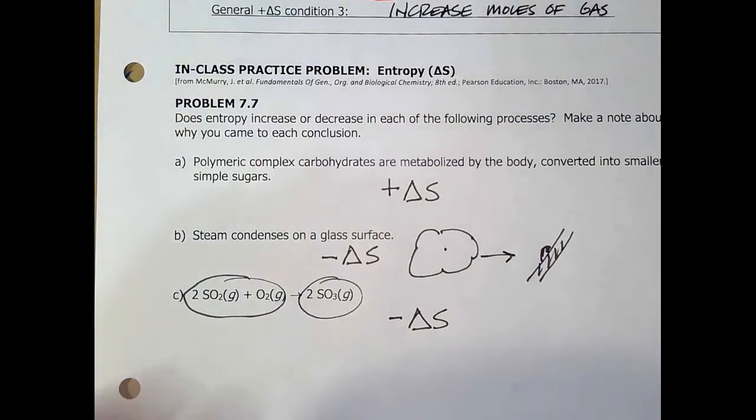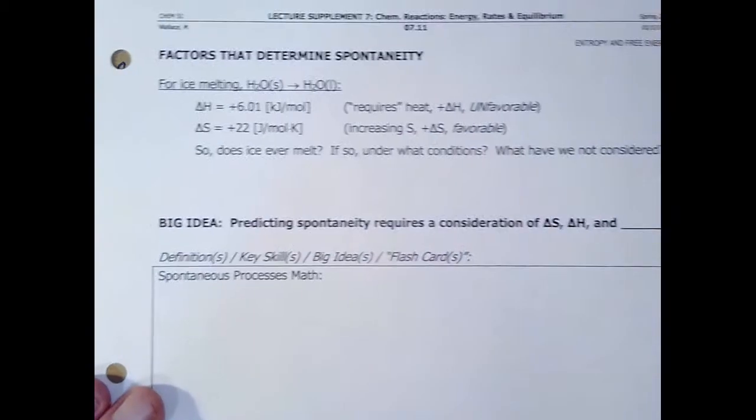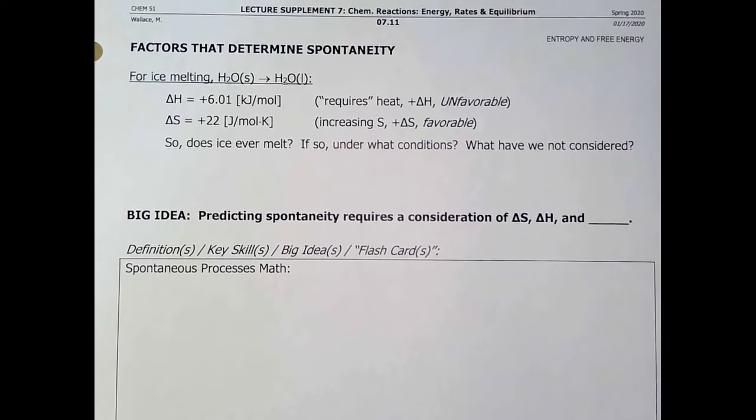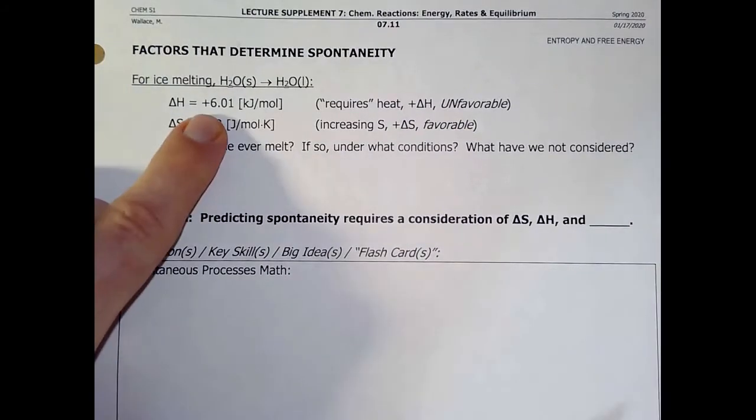Let's look at page 7.11. So we have said nature likes to do things that are exothermic, get rid of energy, and nature likes to do things that increase messiness. So when I look up here, I see, okay, dang, that's endothermic.